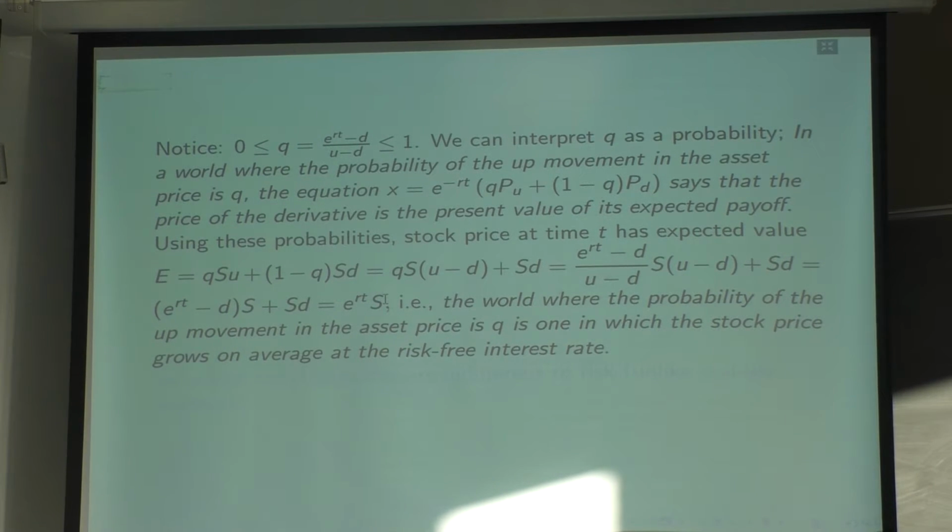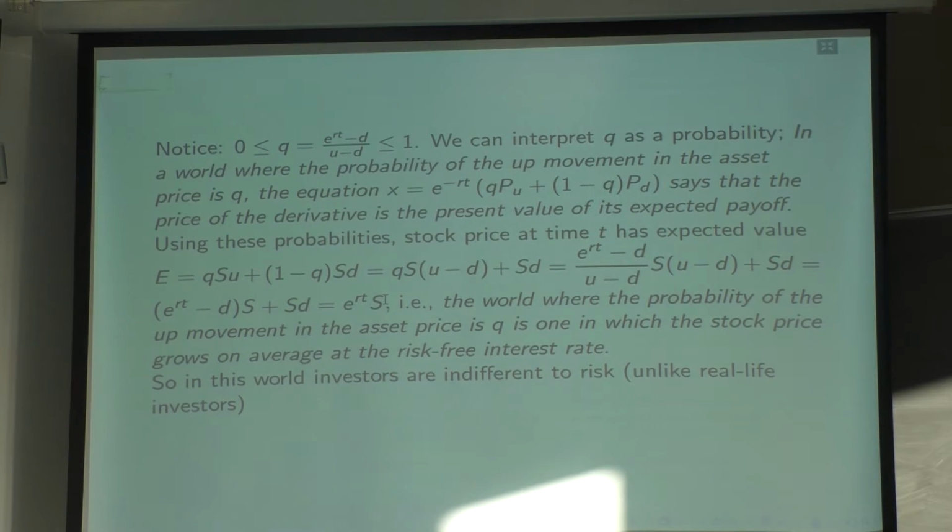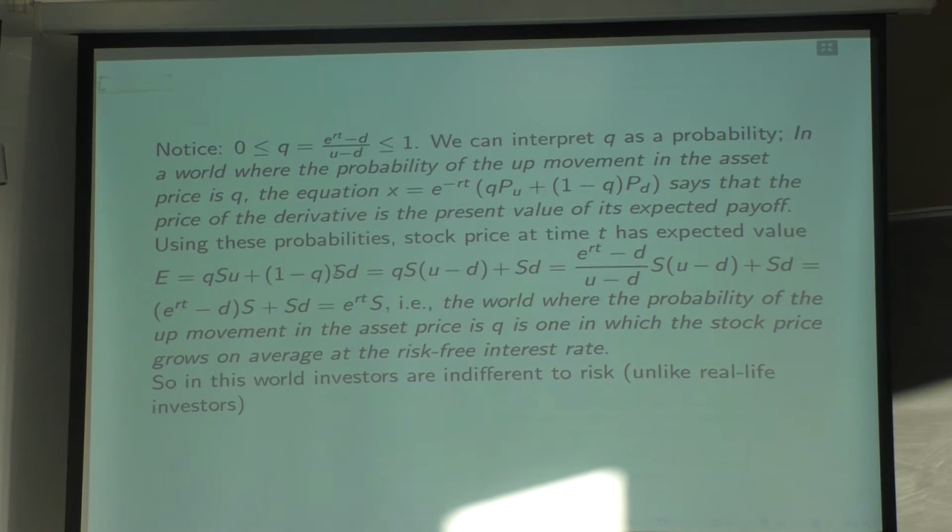And we have a name for that world. That's a risk-neutral world. So in this risk-neutral world, in which investors are indifferent to risk, which is not our world, we can say that the value of the derivative is the present value of the expected payoff.